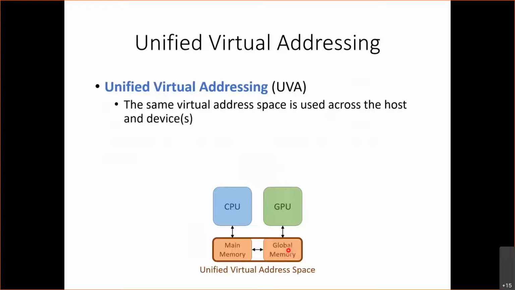Now, what's the advantage of having a unified virtual address space across CPUs and GPUs? In other words, having the address ranges mutually exclusive, such that pointers can't alias across.